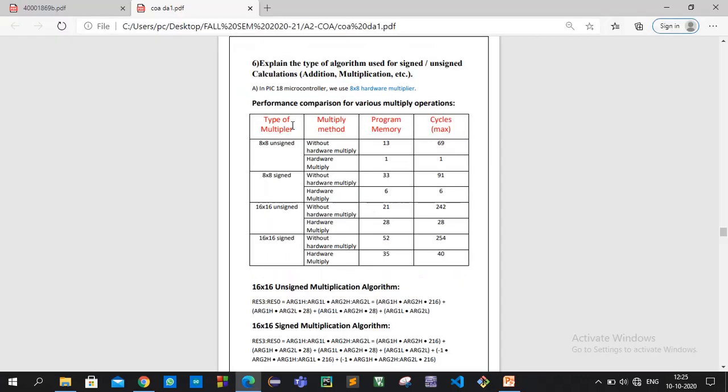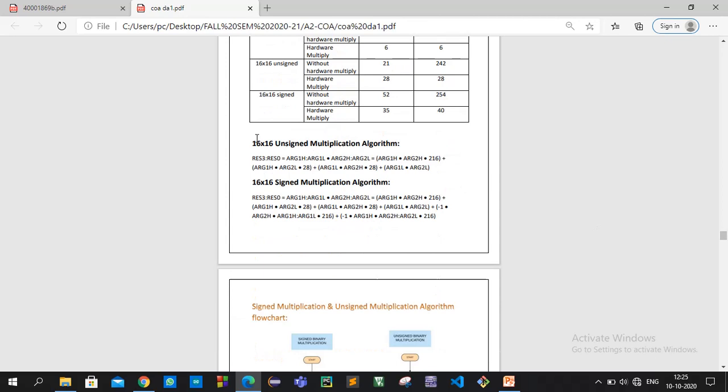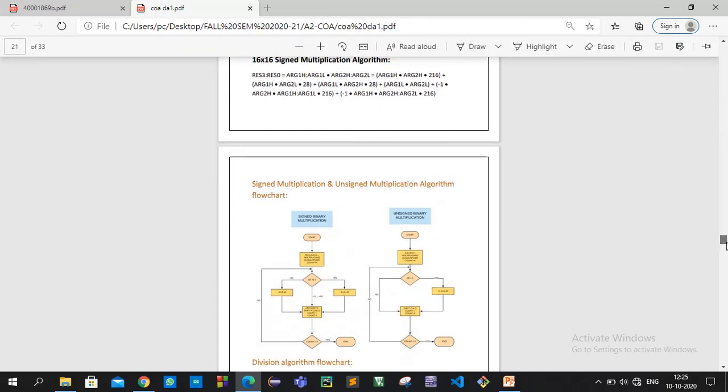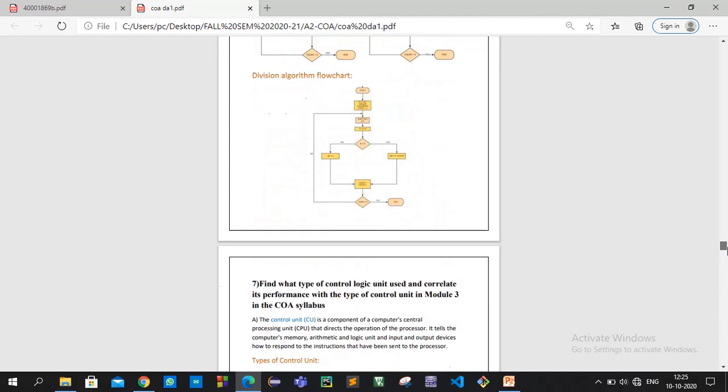In my DA, this is how I tabulated the results of unsigned and signed multiplications, like the cycles required for these operations, and this is the algorithm present in my datasheet. These are the flowcharts which I took from online for the algorithms for multiplication and division.